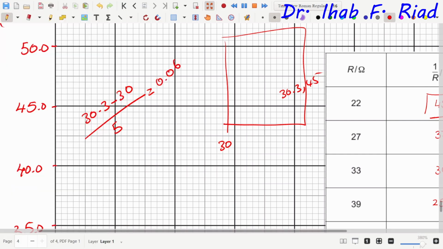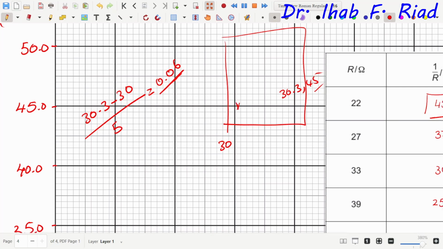Okay, it is smaller than one small square. So it is something like here. And this is the 45 mark. So it is this data point. Okay.